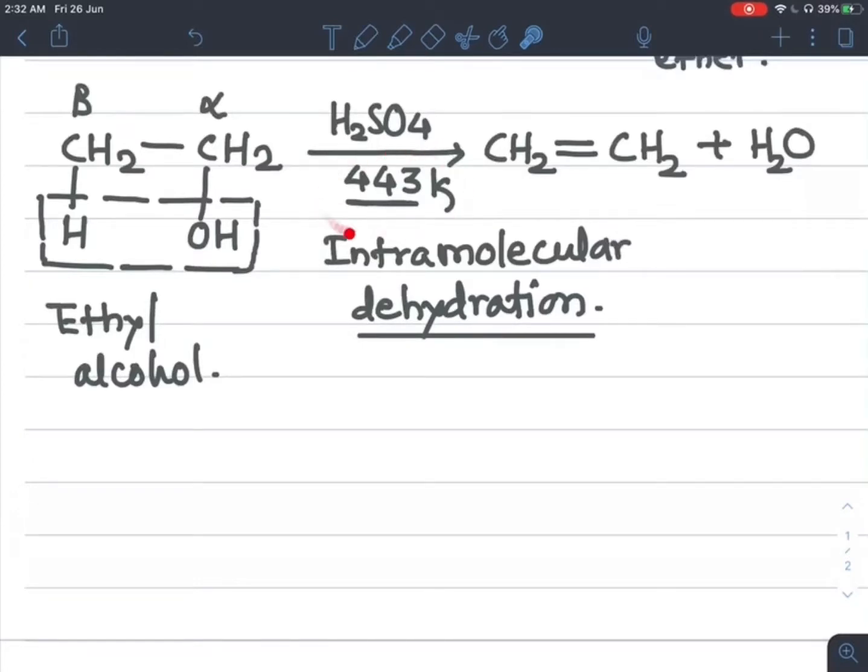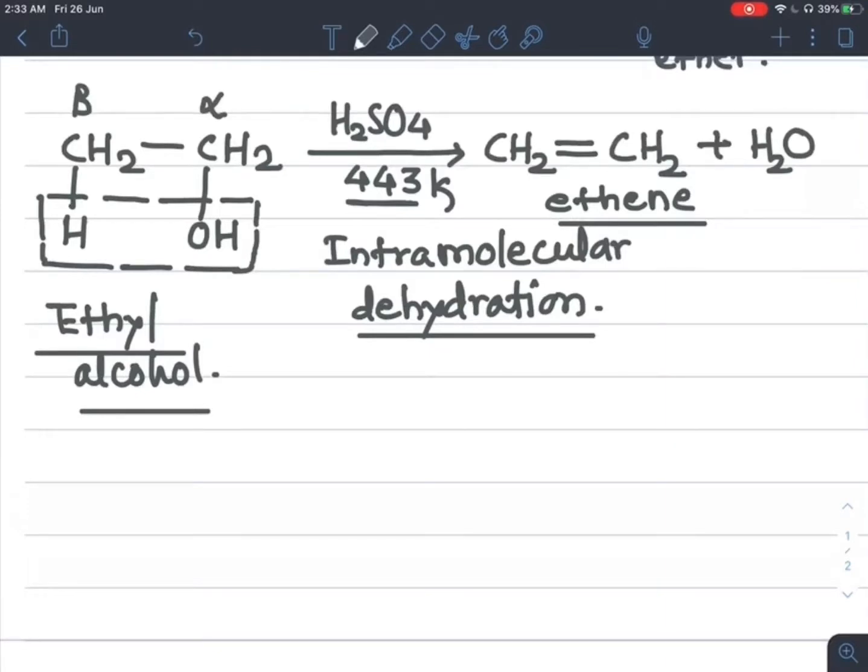This is temperature dependent, the most important condition, and depending on the temperature we get different products. Here we get an alkene, the two carbon alkene, that is ethene. So ethyl alcohol is converted into ethene.